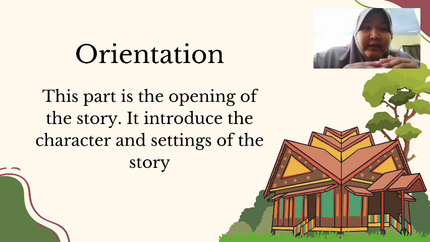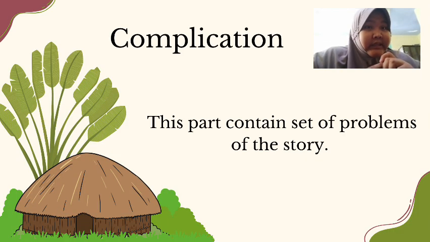In the orientation part, it tells about the opening of the story when the characters and the settings are introduced. So like the story happened in A, the characters are B, C, D, E, F, G, like that.